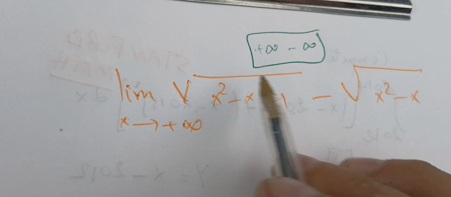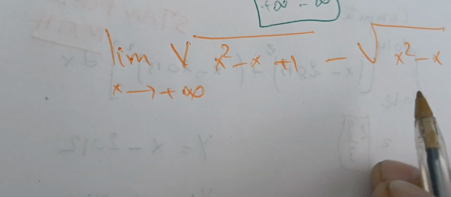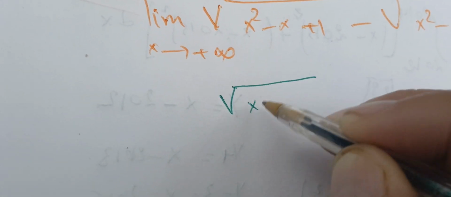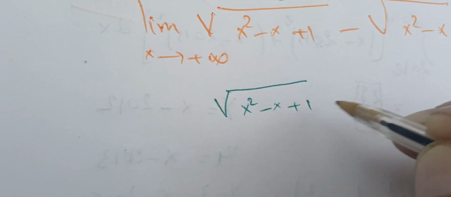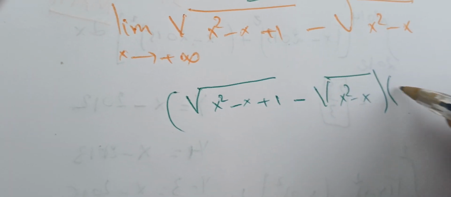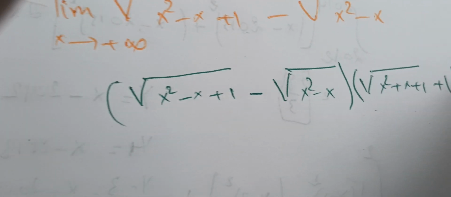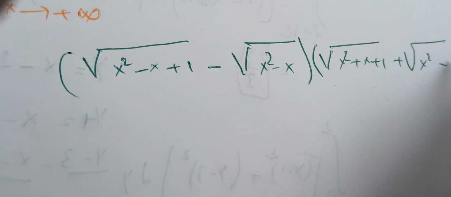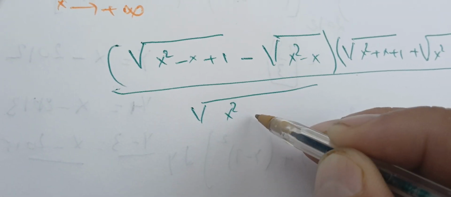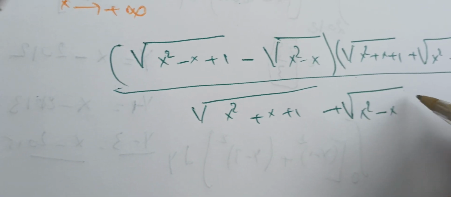When we have these radicals, a good way to find the limit is to multiply by the conjugate, and that's what we're going to do here. So it's the square root of x squared minus x plus 1 minus the square root of x squared minus x, times the square root of x squared plus x plus 1 plus the square root of x squared minus x, over the square root of x squared plus x plus 1 plus the square root of x squared minus x.